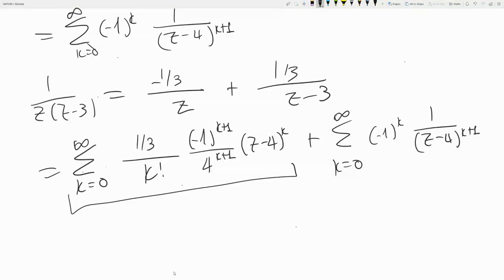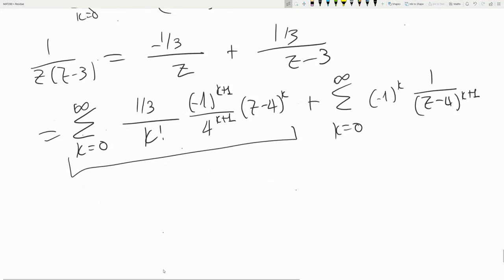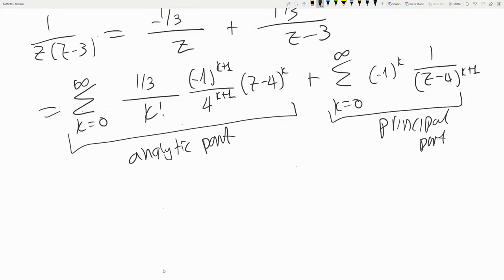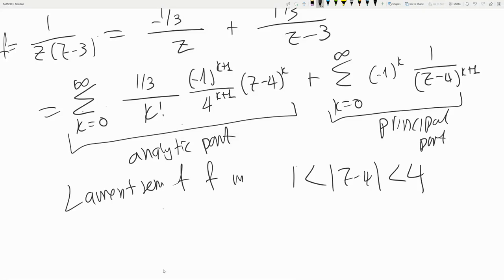Okay, so if you like, this is the principal part, and this guy is the analytic part. And this is the entire Laurent series of f in the annulus 1 < |z-4| < 4. So that's it.